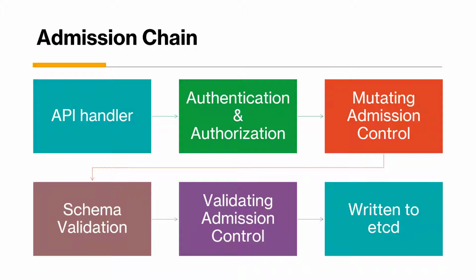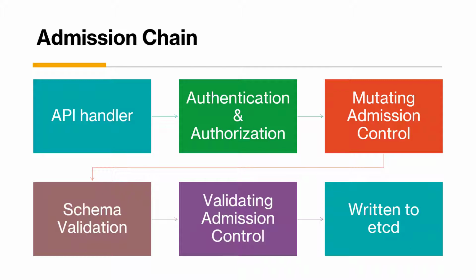Now, of course, a request that comes in always has to be validated. When you do a mutation on an incoming request, after that, schema validation needs to happen. When that has been done, the validating admission controllers kick in. That's where Gatekeeper was used, but of course Kyverno here can also do that. It can be used to validate incoming requests and maybe reject them.